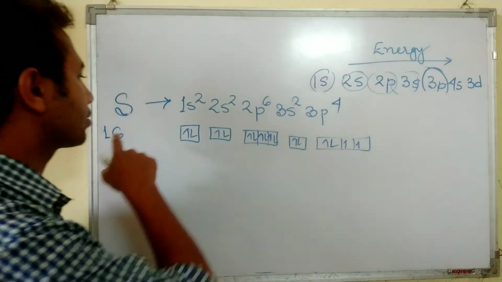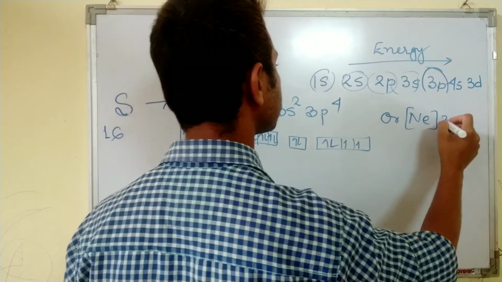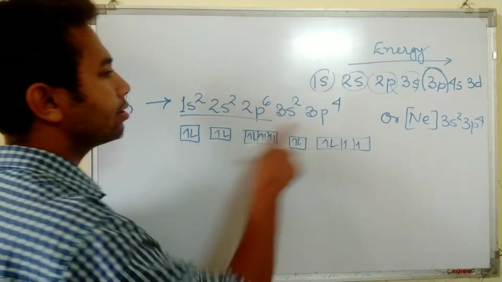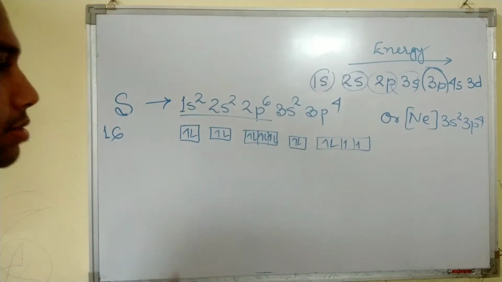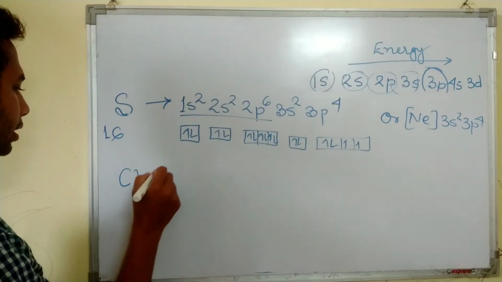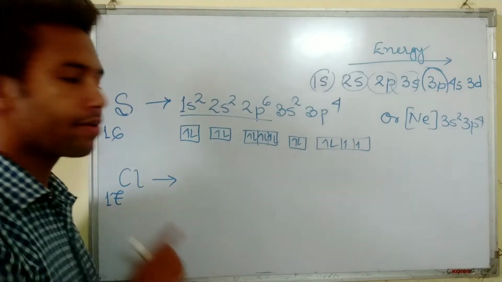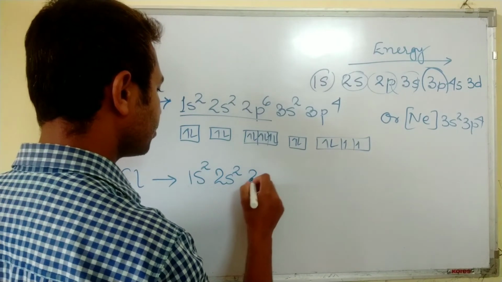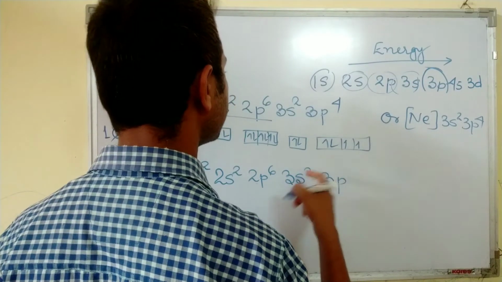So the electronic configuration of sulfur you may also write as neon 3s2 3p4, meaning after the neon electronic configuration, then 3s2 3p4. So like this we may write the electronic configuration of sulfur. Now chlorine. Chlorine has 17 electrons, its atomic number is 17. So its electronic configuration will be 1s2, 2s2, 2p6, 3s2, then 3p.